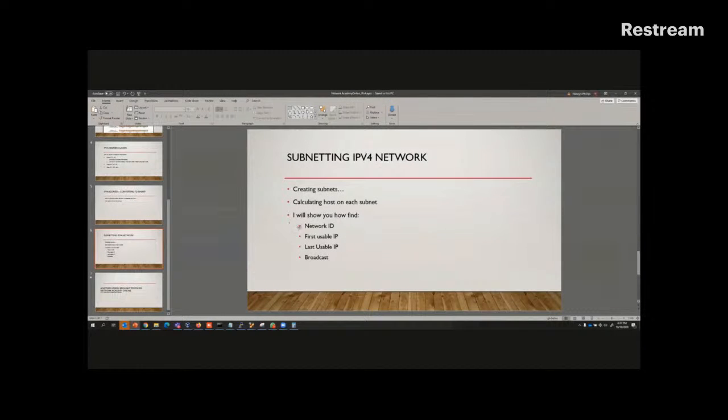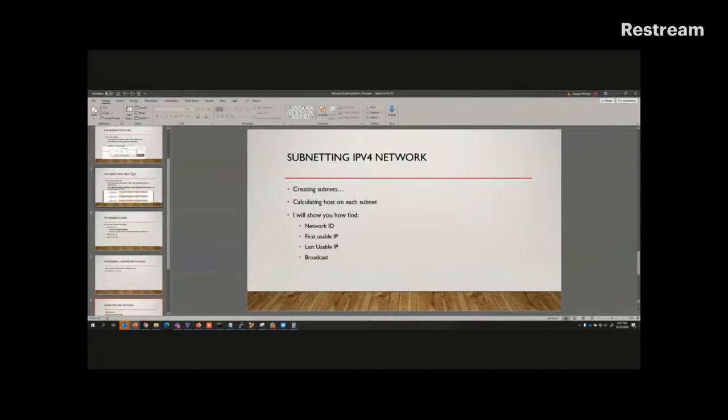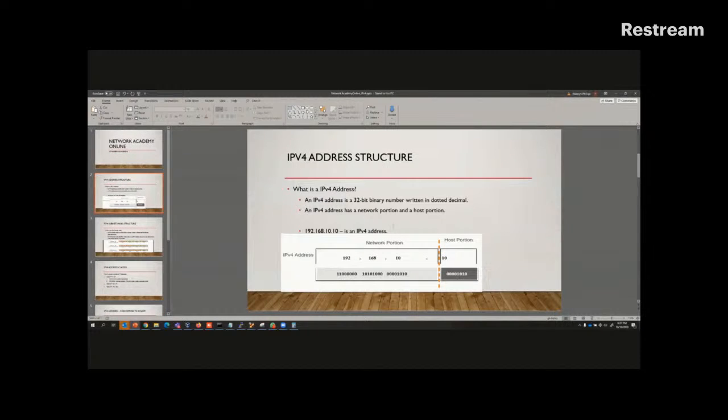So in this video, I showed you how to create the subnets, calculate the hosts in each subnet, identify the network ID, the first usable IP, the last usable IP, and the broadcast. And after the broadcast comes the new network. Again, if we go back over the slides, I didn't have a summary, so I'll say we looked at the IPv4 address structure. We identified what the IP address is, the different portions, which are the network portion and the host portion.